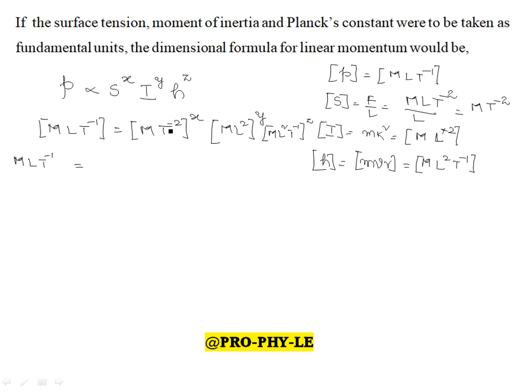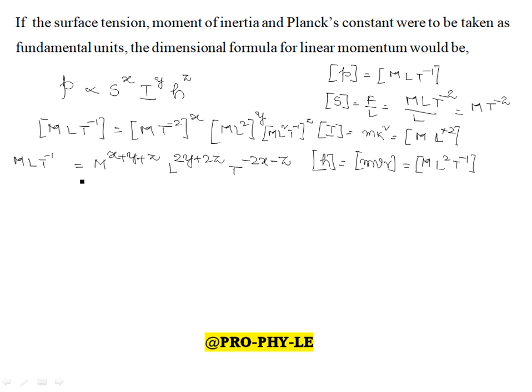For m powers I am having here x, here y, and here z, so m power of x plus y plus z. And next is L power of 2y plus 2z, and t power of minus 2x minus z.